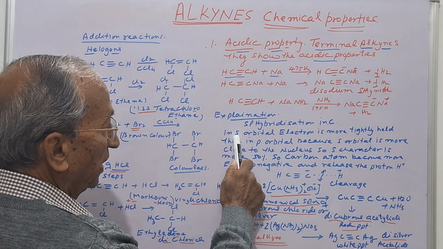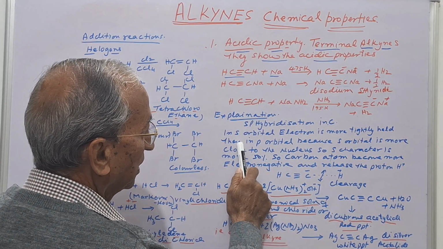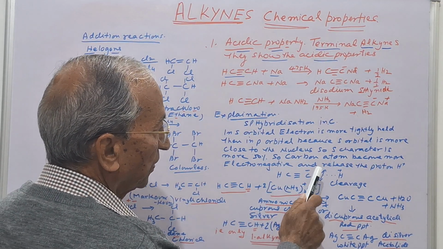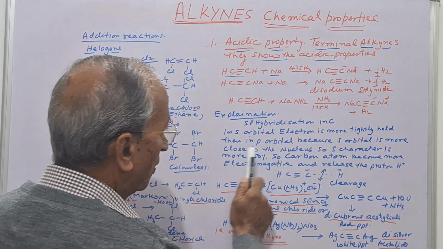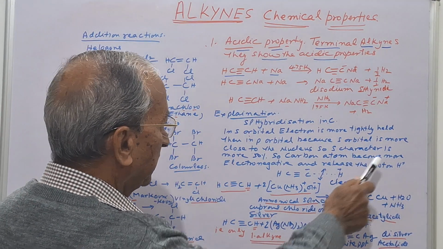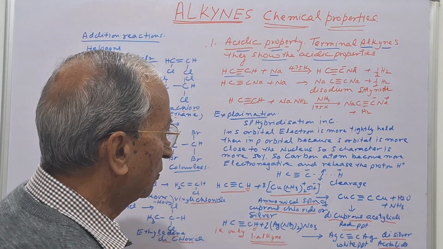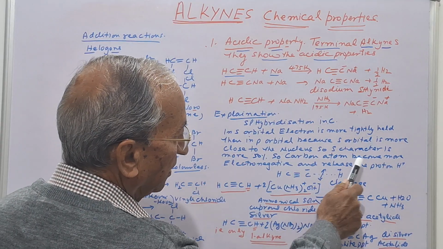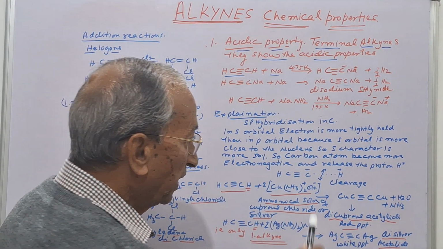In the s orbital, electrons are more tightly held than in the p orbital because the s orbital is closer to the nucleus. So the s character is more dominant, about 50%. So the carbon atom becomes more electronegative and releases the proton.